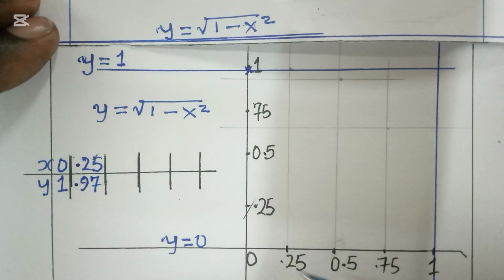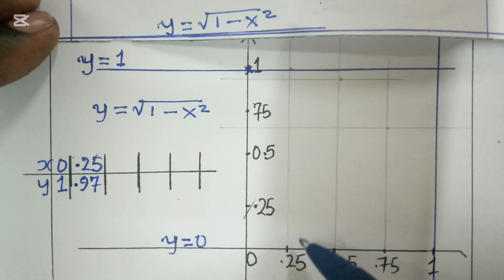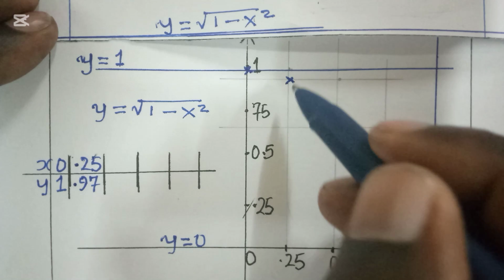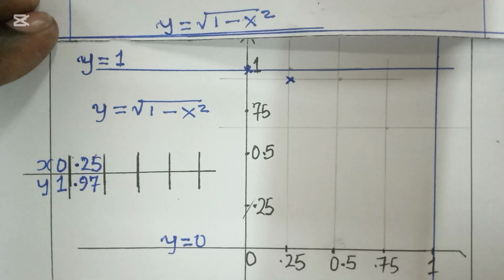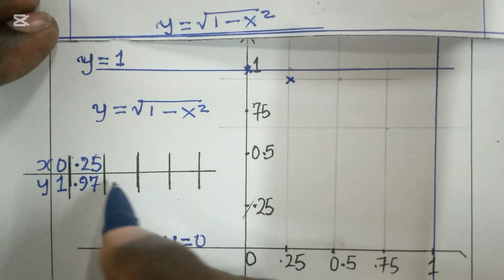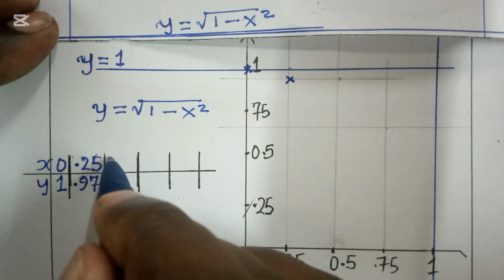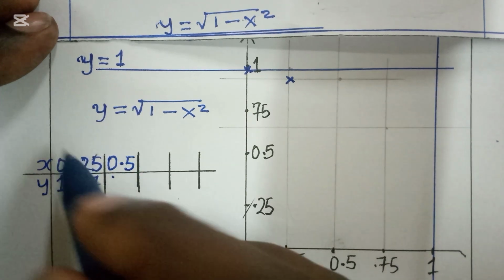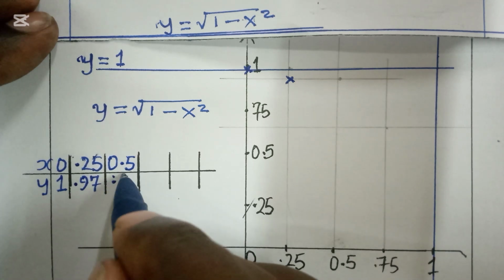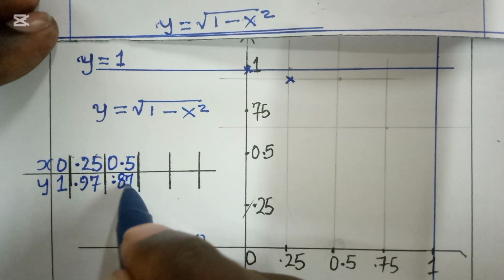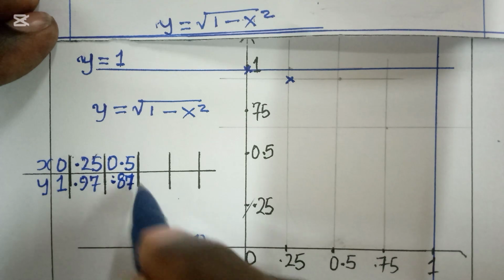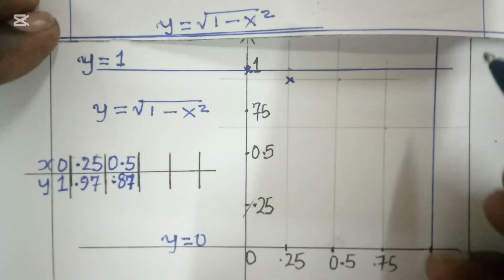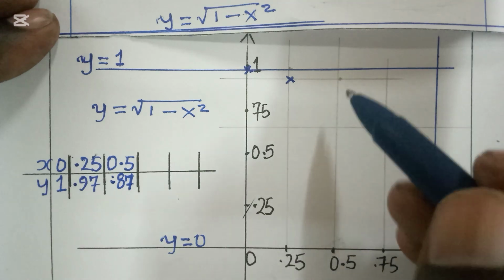So we can come here and say 0.25 gives us 0.97, which is at this point. Coming to the next, which is 0.5, this one now gives us 0.87. So guys, we have 0.5 gives us 0.87, which is at this point.